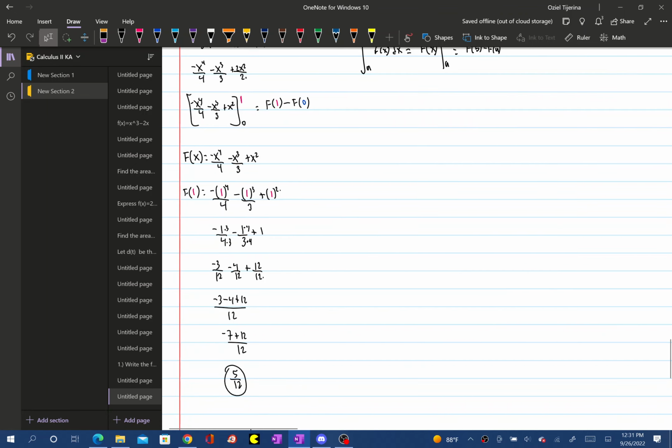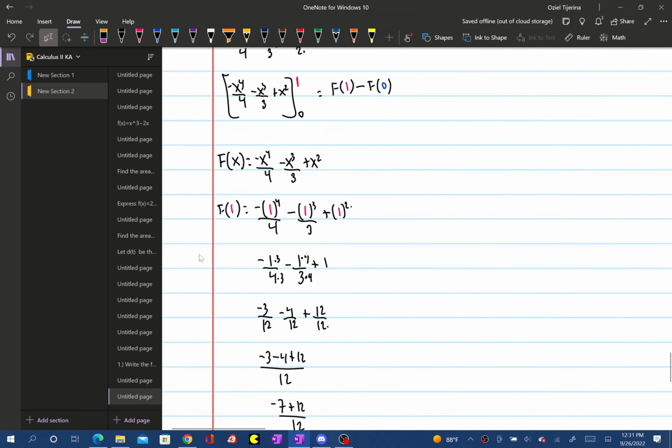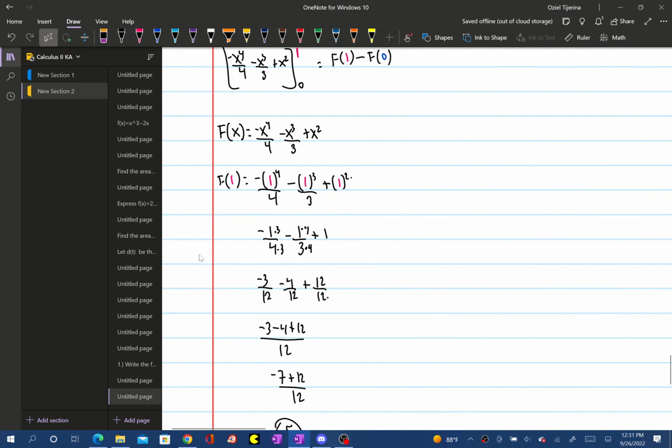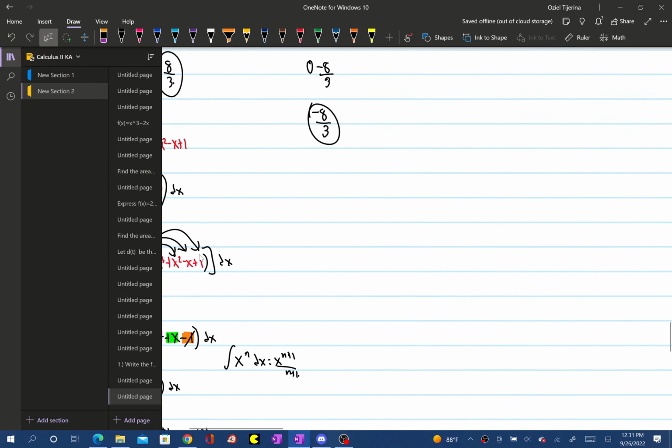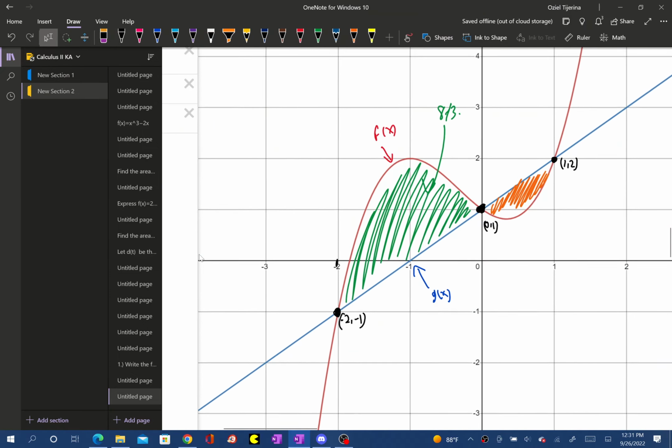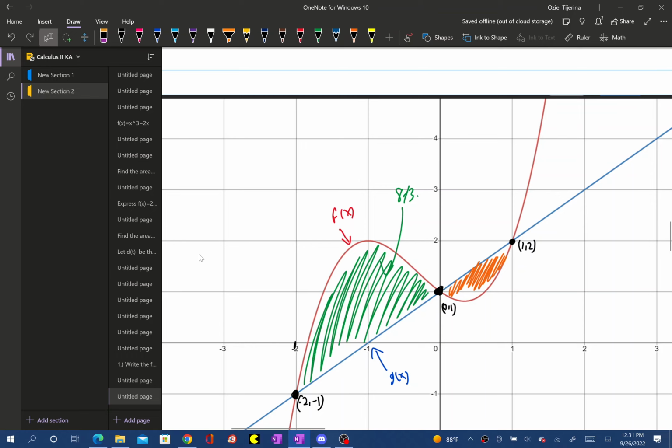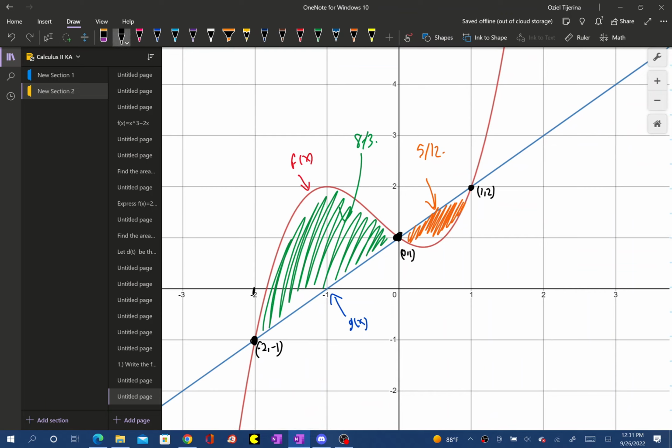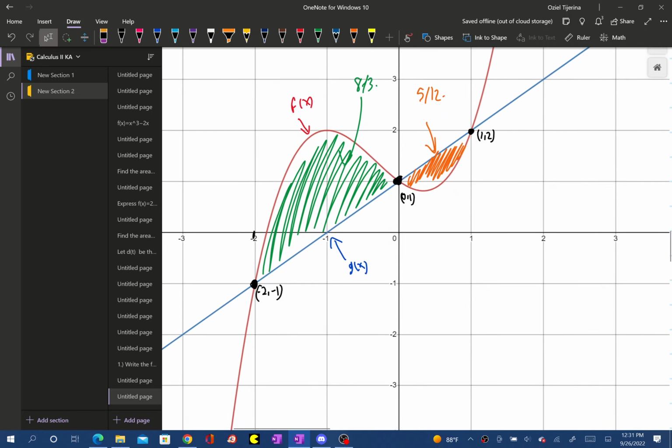So here is 5 over 12, so this area ends up being 5 over 12. Now, the area of the whole thing is going to be the area of the green part plus the area of the orange part. So the area of the green part, we said, was 8/3.